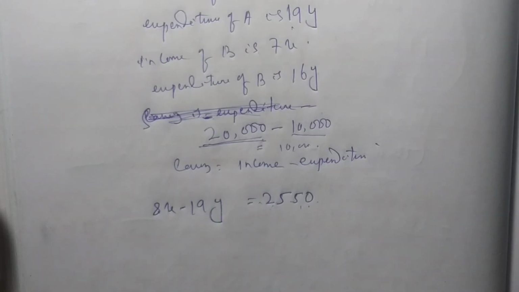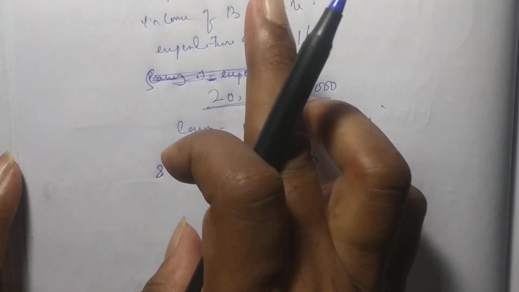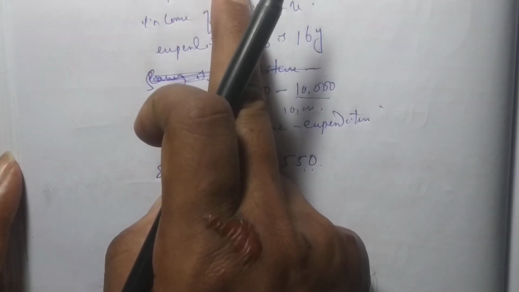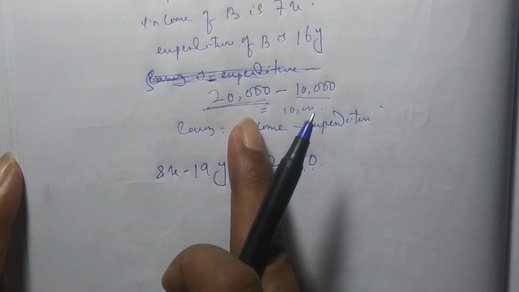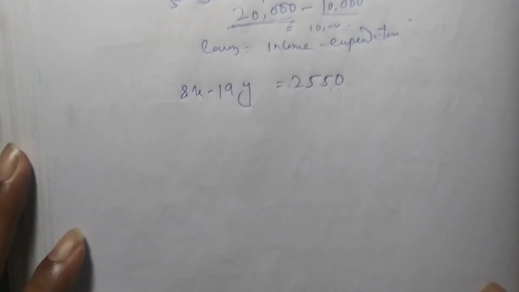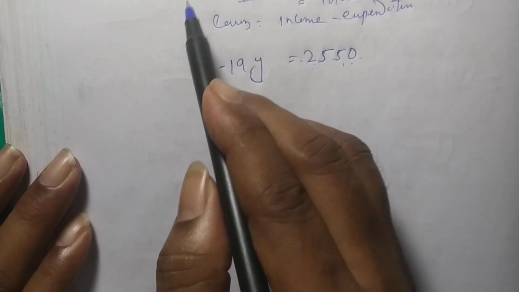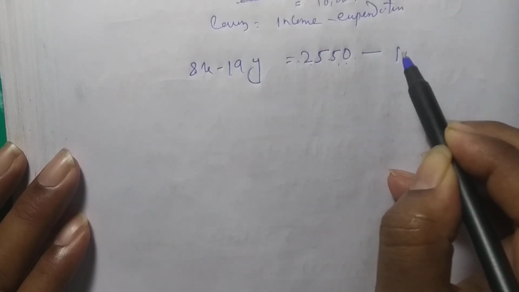We have written it here. Firstly, write the question and then the answer, step by step, then you can understand what I am writing. And this is equation 1.